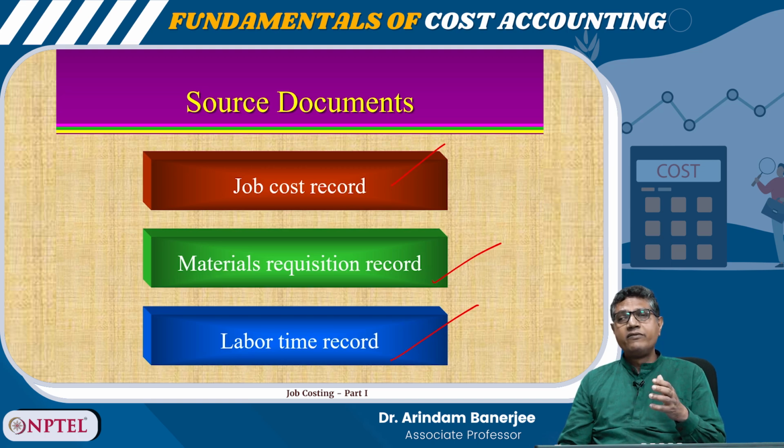Whatever material is requisitioned from the store, I should have a record. And the labor who is working on the job, how much time they are using. Because it is not an assembly line production, each job has specific requirements from the point of view of material, labor, and other expenses also.